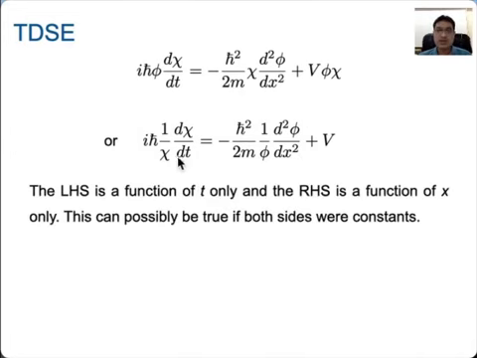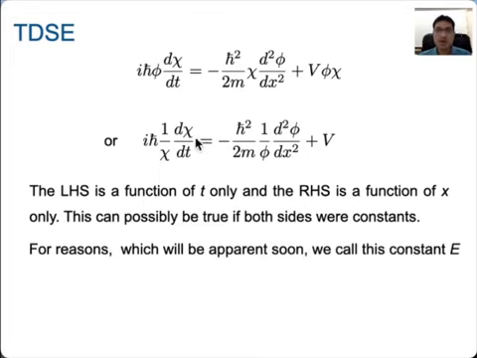This is only true when this is equal to some constant and this is equal to the same constant. Let's call this constant E, and later we will learn why we have called this constant E, or let's say energy.